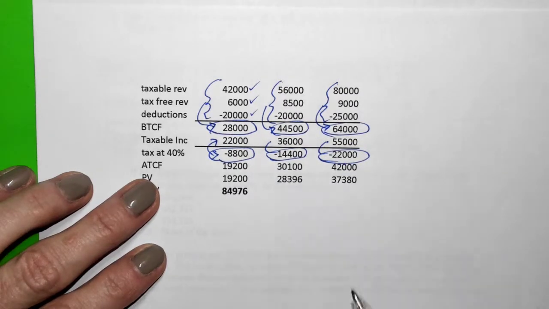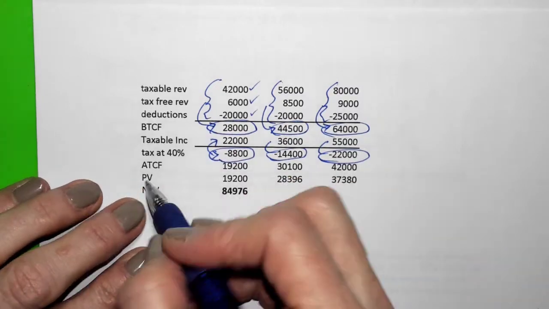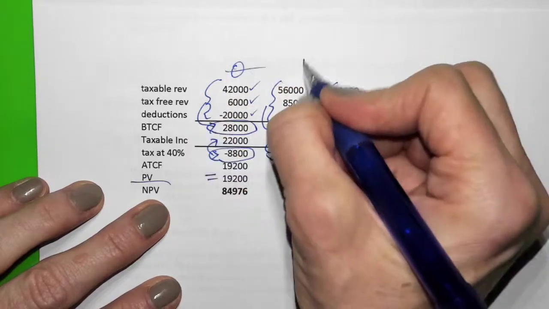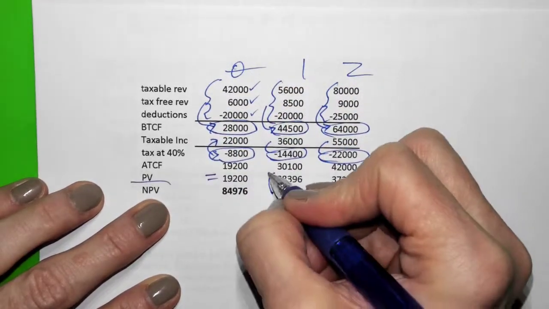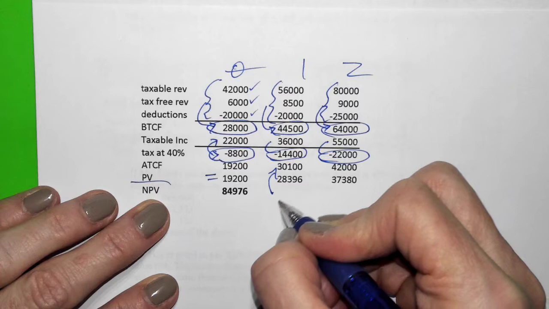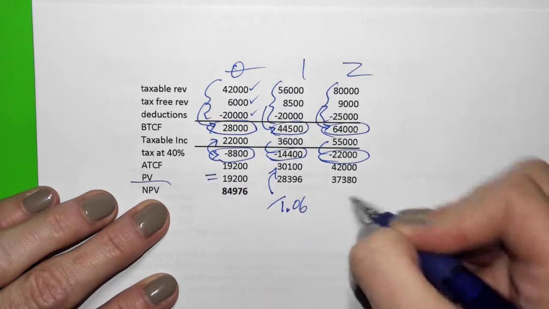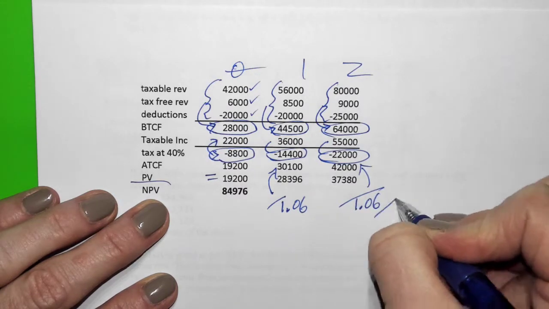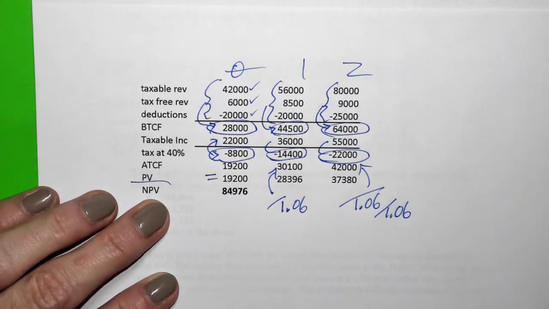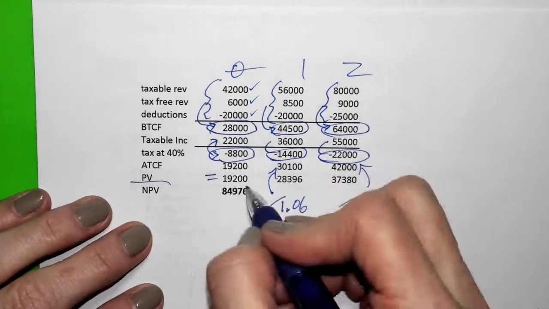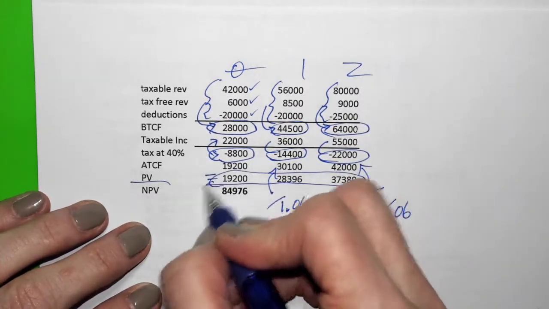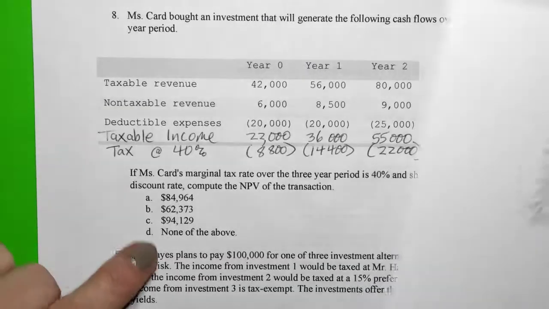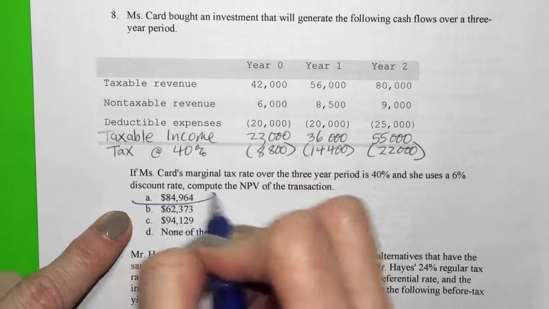To get the present value, well, this was year 0, 1, and 2, so I would have taken this divided by 1.06, and I would have taken this divided by 1.06 divided by 1.06, or you could have used the tables in the back. And then once I add up all these present values, I get 89,976, which is, okay, so there's a little bit of rounding, but that's not a big deal.